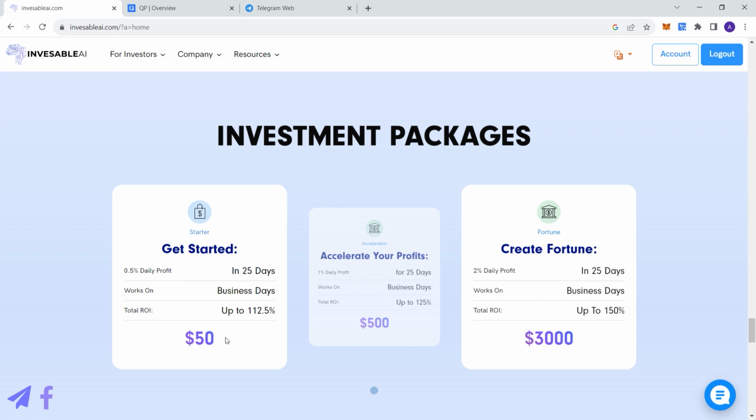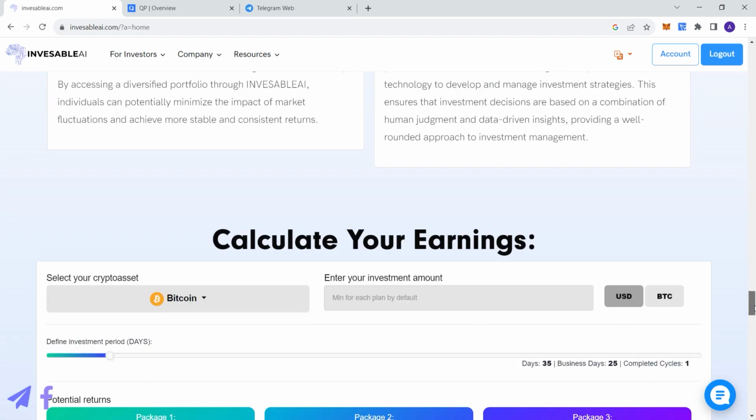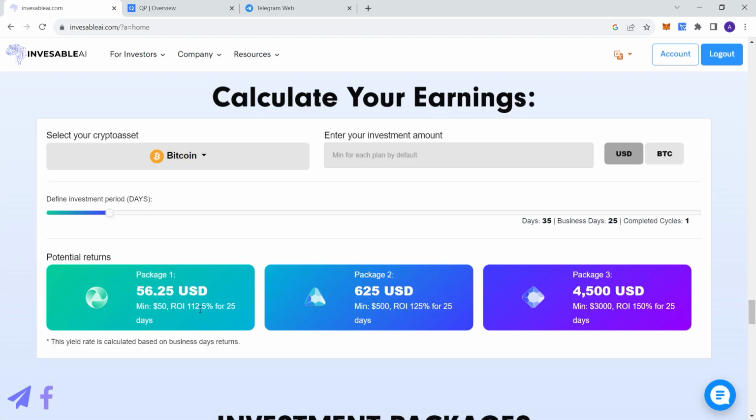So let's take a look at these plans. To get into the starter plan, the minimum deposit is $50, and you will earn a total of 12.5%. Total ROI is going to be 112.5%. Why? Because you're going to earn 12.5% profit, and then they're going to release your money and give you your capital back, which is 100.